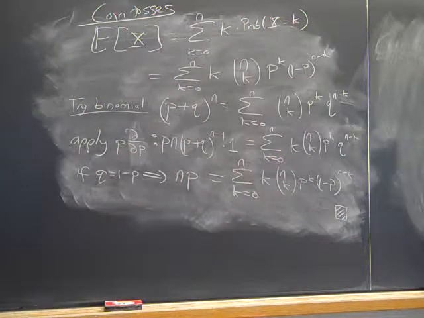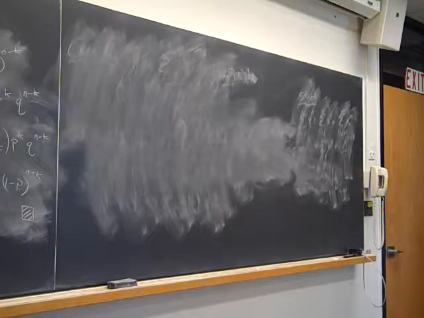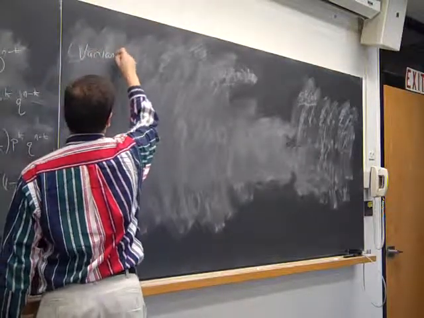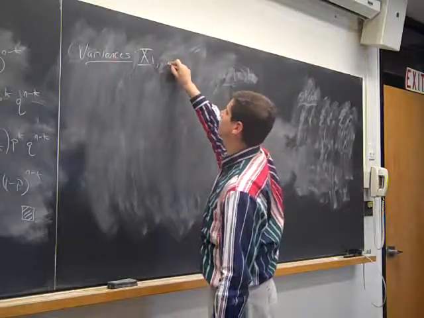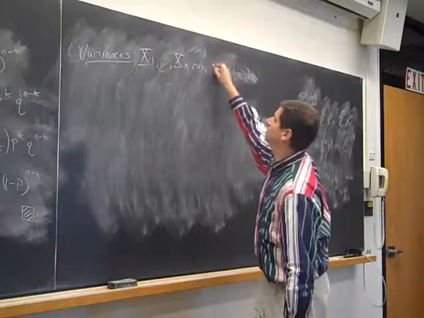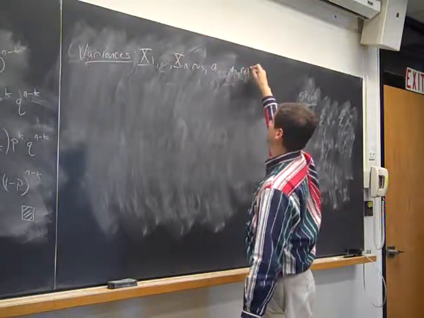Okay, what I want to do now is return and do some variances, just because it's nice to see when things don't work out as nicely. Variances. So, X1 through Xn are random variables, a1 through an are real numbers.